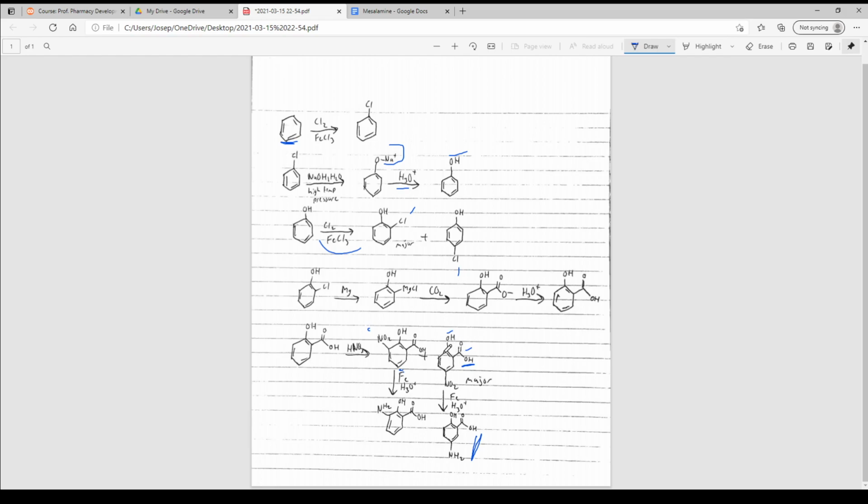I don't know if there's any reason that it wouldn't just also direct ortho to the OH group and this would still be meta. I was thinking that maybe because this OH group was in the way, it wouldn't be a major product, but I believe that this would be the major product. I think we'd also see a bit of this second product here.